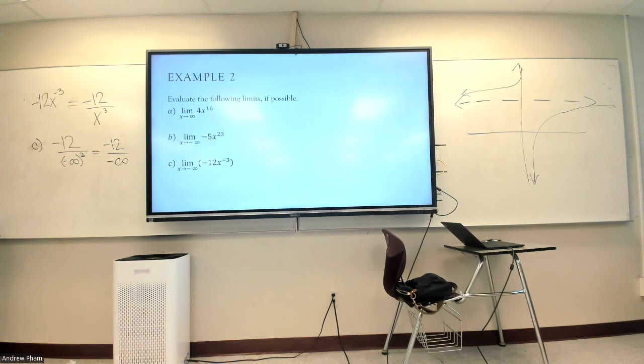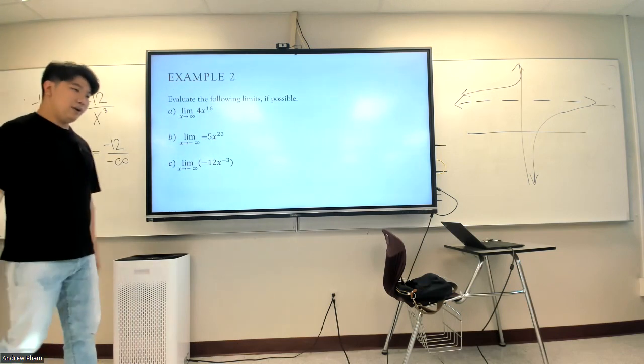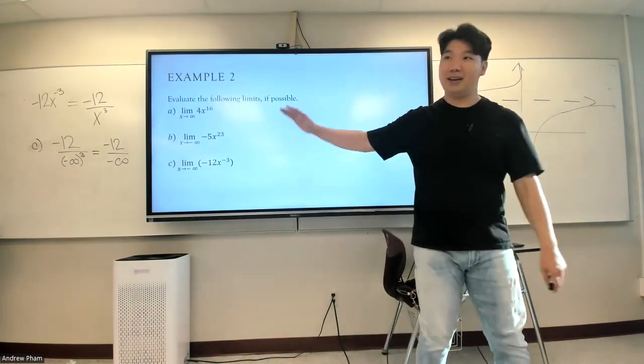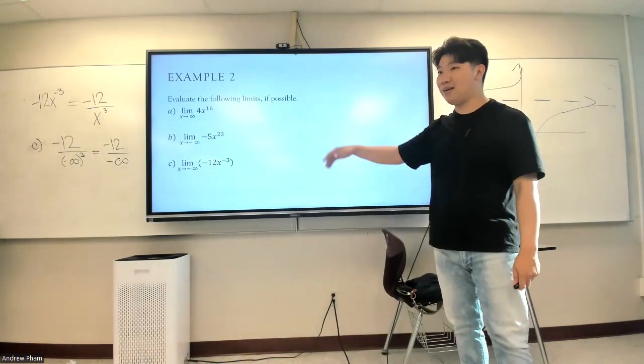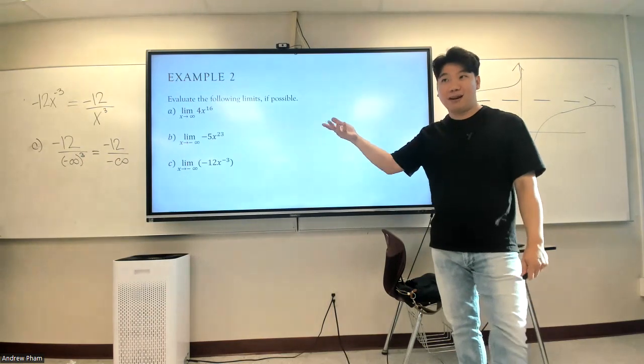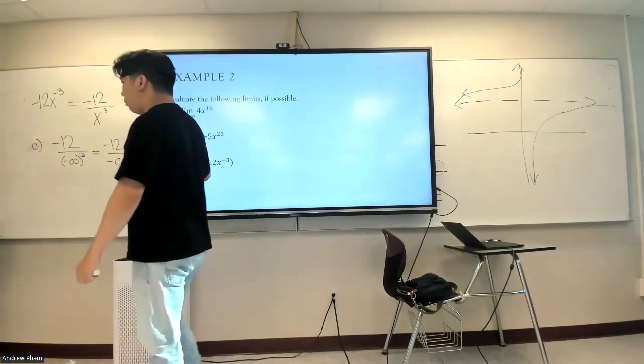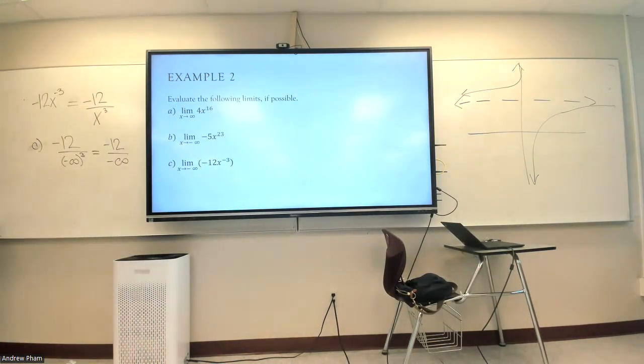So if you put negative 12 over negative 10 million in your calculator, it's going to pop out 0.00000012, for example, however many zeros. What do you think is going to happen if I plugged in, let's say, 10 billion in for x in there? Just more zeros, right? So what do you think that this limit is going to end up equaling based off what I just said?